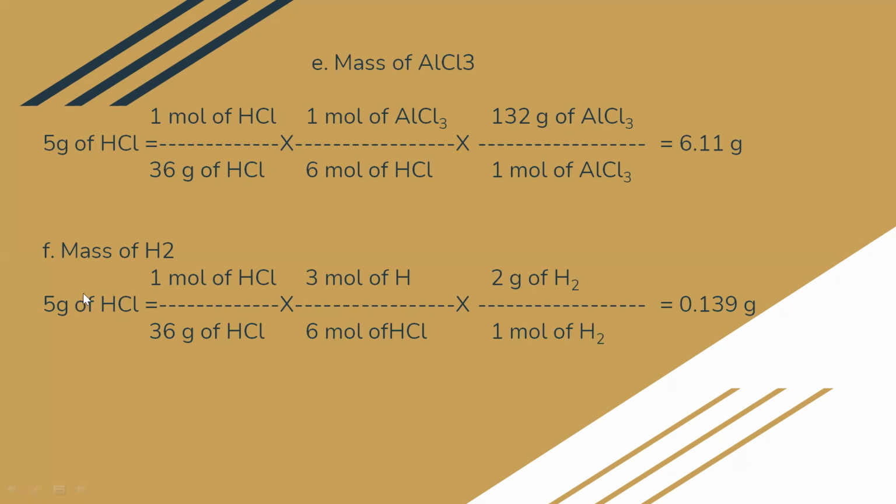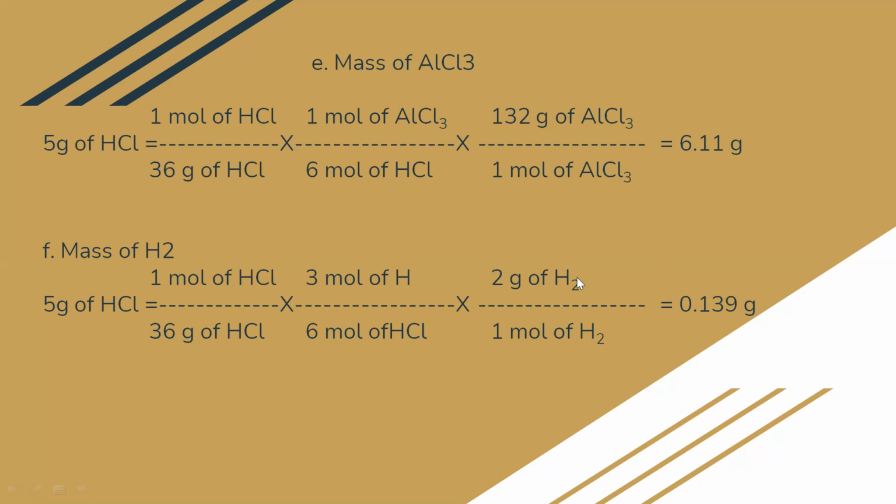Next, for letter F, we have the mass of hydrogen gas. We have 5 grams of hydrogen chloride times 1 mole of hydrogen chloride over 36 grams of hydrogen chloride. This is the molar mass of hydrogen chloride, times 3 moles of hydrogen over 6 moles of hydrogen chloride, which also came from the coefficients of the equation, times 2 grams of hydrogen gas.